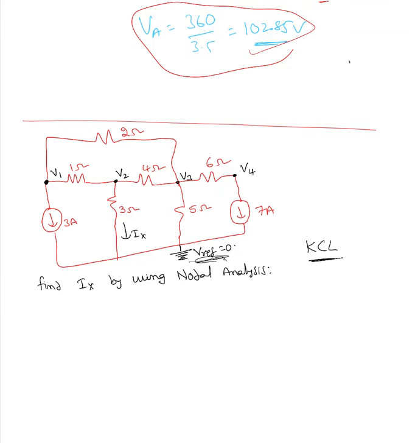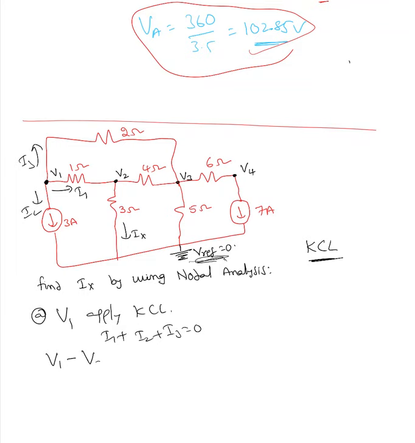Now at each node, apply KCL. At V1, apply KCL. Assume every current is going away. I'm going to choose I1, I2 and I3, so I1 plus I2 plus I3 equals 0. I1 is V1 minus V2 over 1. My I2 direction and the 3 ampere are in the same direction, so I2 is 3 ampere.